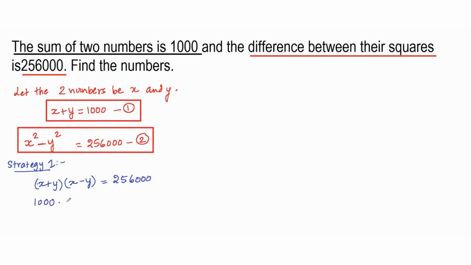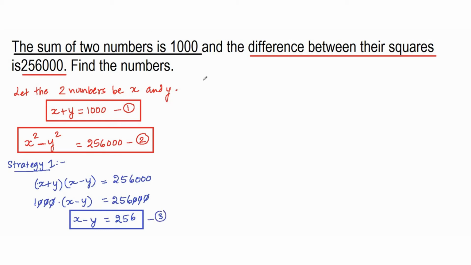So 1000 multiplied by x minus y is equal to 256,000, which means x minus y is equal to 256. So this is a linear equation now. So what I can do is, I have cancelled the zeros on both sides, right? 256,000 by 1000 gives me 256, right?